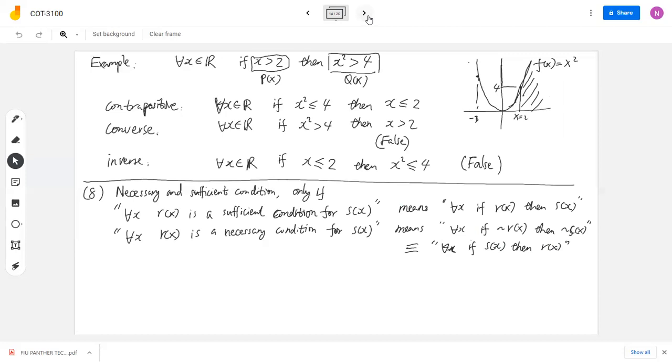Okay, sufficient condition means this direction, from left to right, and the necessary condition means from right to left.